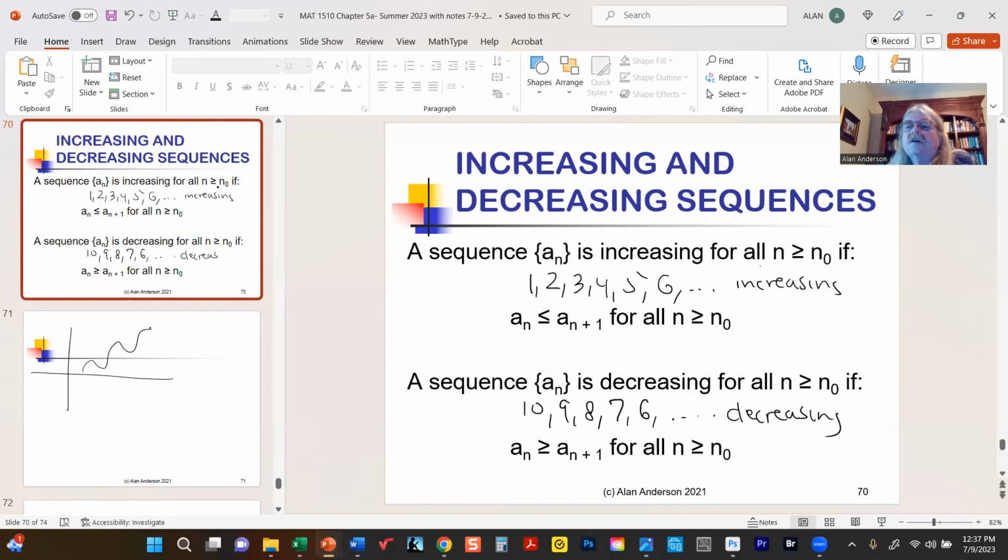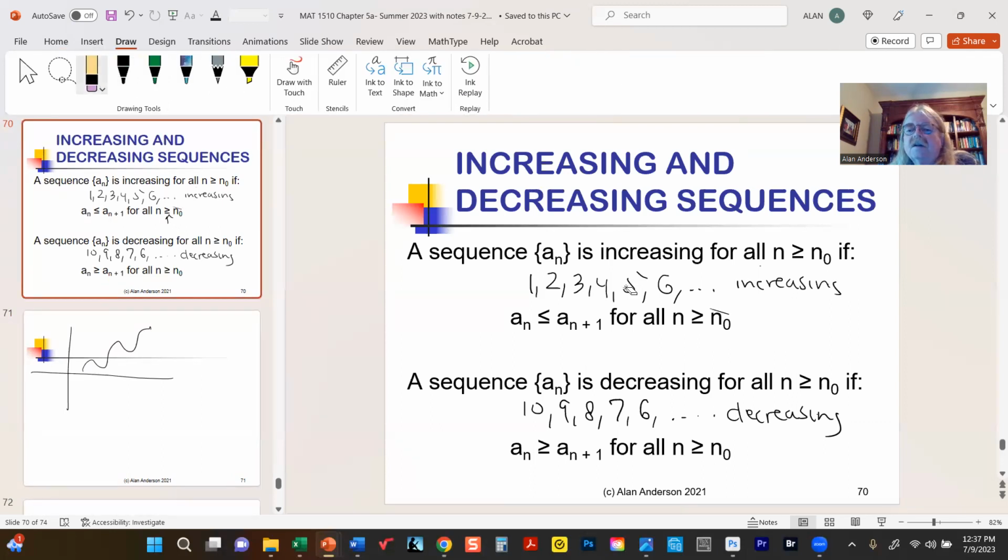Increasing means it never goes down. Decreasing means it never goes up. Now, by the way, this does allow for the possibility of staying the same. You see how it's less than or equal to and greater than or equal to.